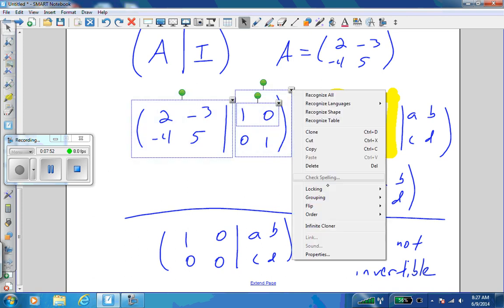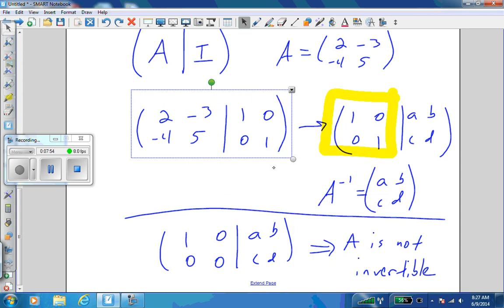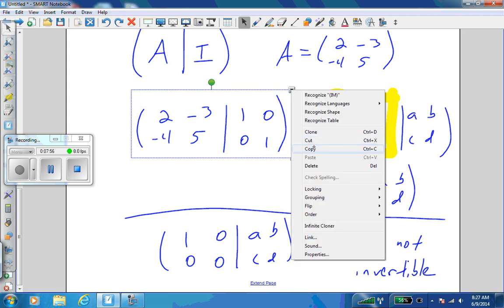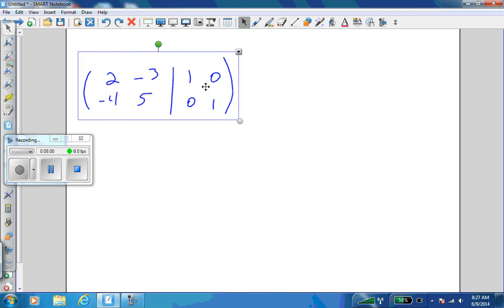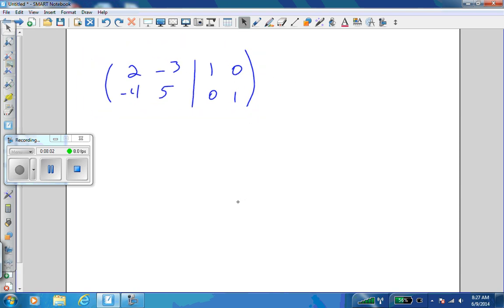So let's take this and row reduce it. Bring this over on another page. And let's see if we can get this in reduced row echelon on the left side. So the first thing I would probably do is say, it would be nice if we had a 1 here.